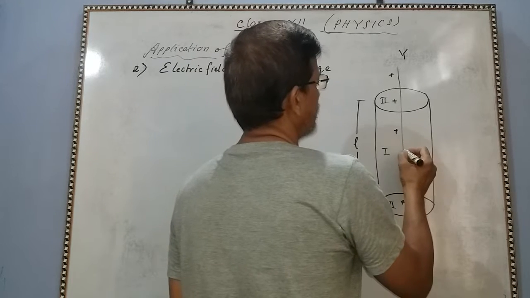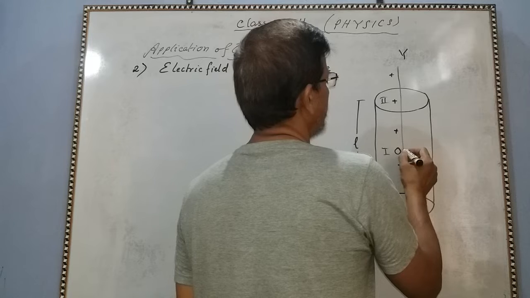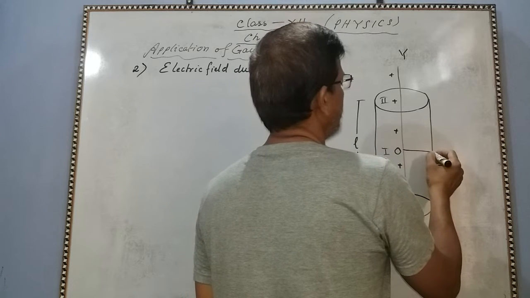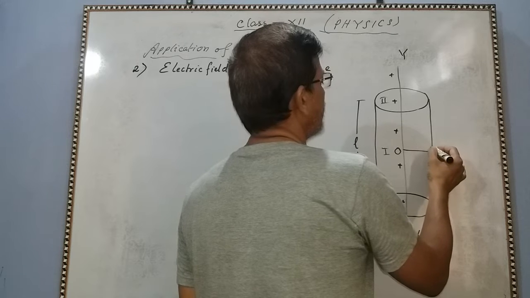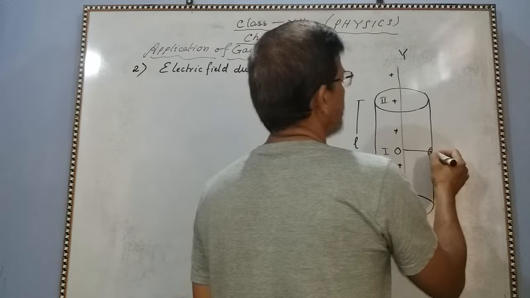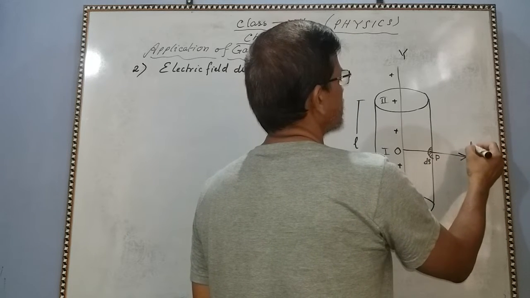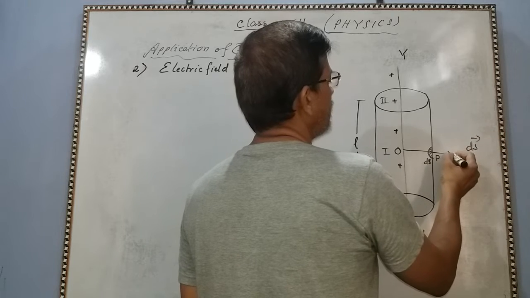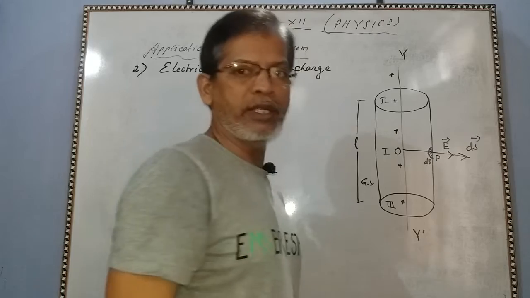And from the center of the cylinder we take a point P, and here we take an elementary area ds. So the ds vector will be in this direction, and the electric field is also in this direction. Symmetrical, cylindrical symmetry.